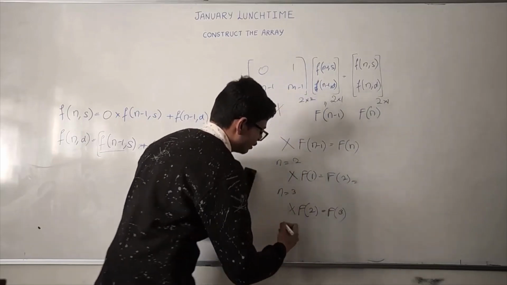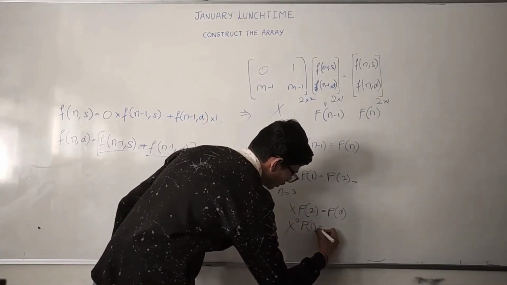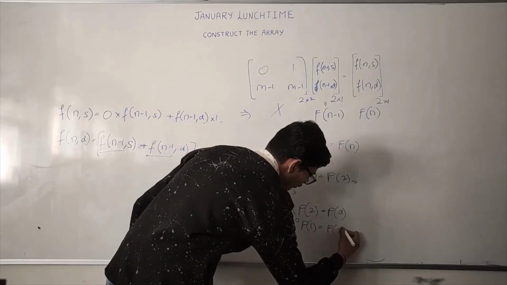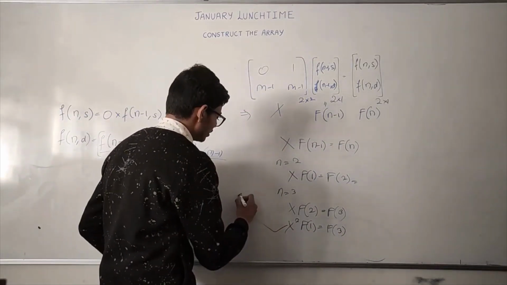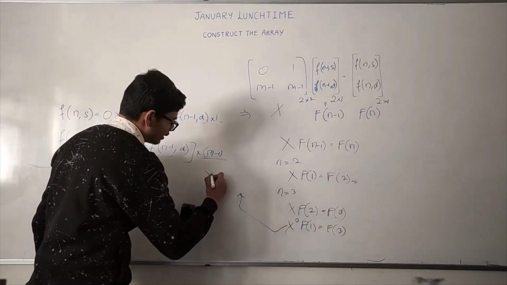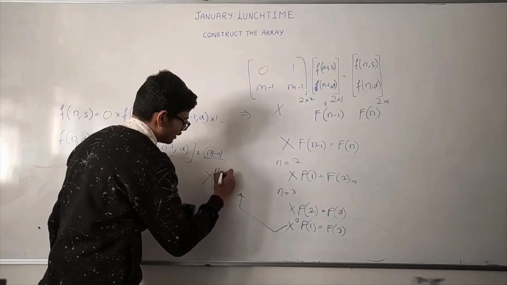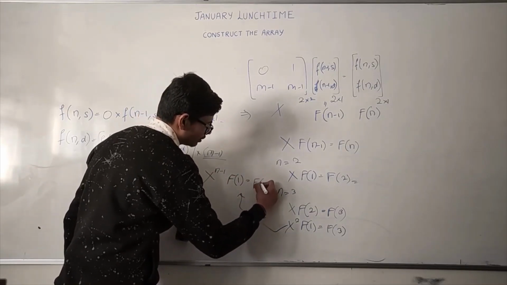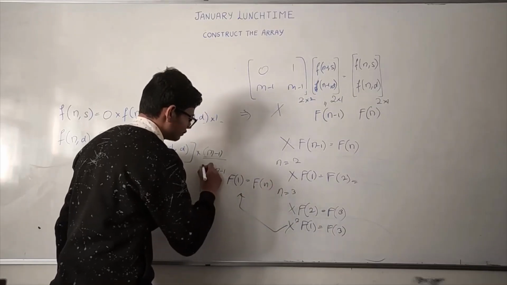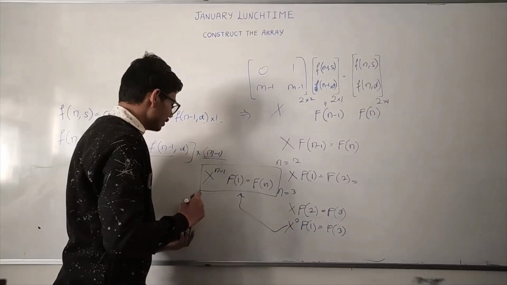From this equation we can say that X square into F of 1 is equals to F of 3. In general, this equation can be represented as X to the power n minus 1 into F of 1 is equals to F of n. Now this is our actual solution.